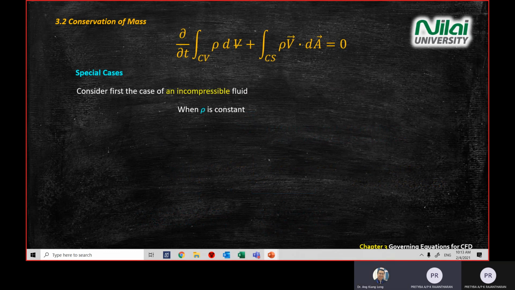Okay, and then there are some functions that you can set inside the software. For example, in ANSYS, you can set that you are running incompressible flow. Then the software itself will set the rho as a constant in the meshing and also in the computation steps.